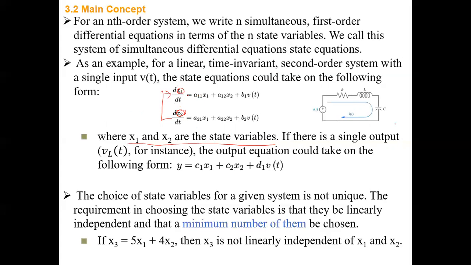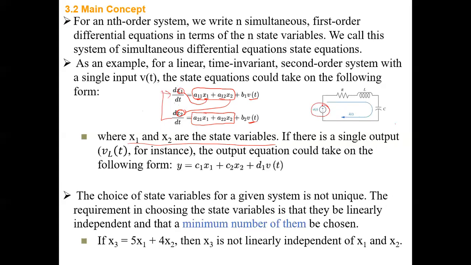Then on the right hand side, what you have is a coefficient times state variable x1, then a coefficient times state variable x2. This is called a linear combination of state variables, okay? When you write it this way, you call it a linear combination of state variables. Not only that, you also have the source. For instance, if you have a circuit like this, what is the source here?